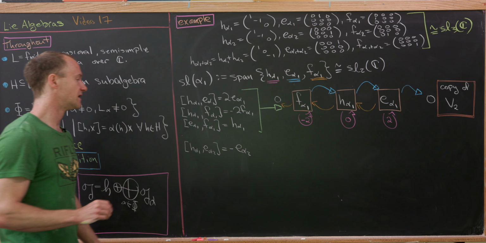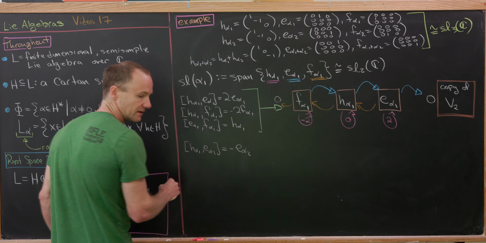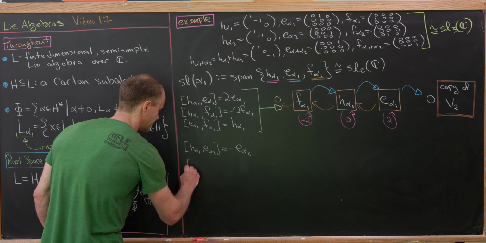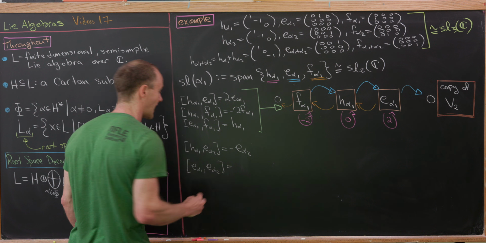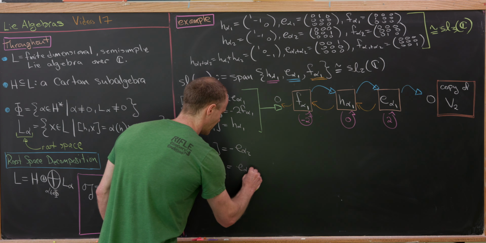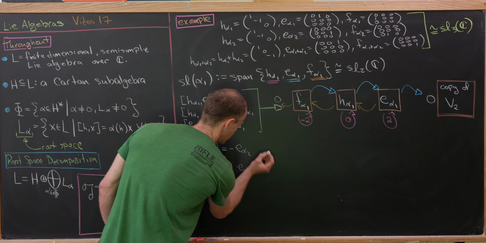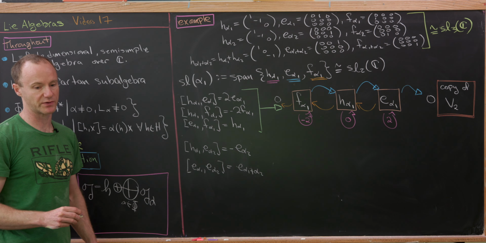So that's going to be the eigenvalue under this operation. And then what happens if you take E alpha 1 and hit it on E alpha 2? In fact, what you're going to end up with is E alpha 1 plus alpha 2. So it kind of moves you up a little bit.